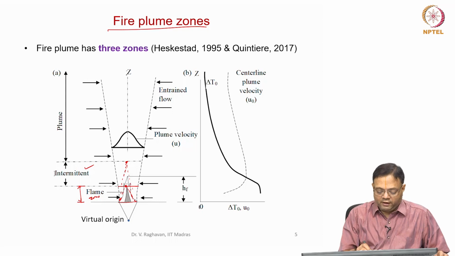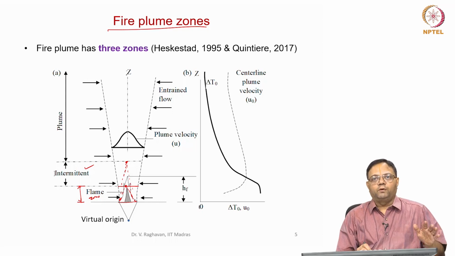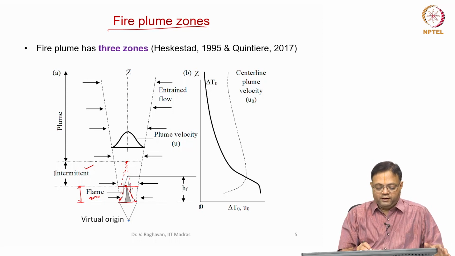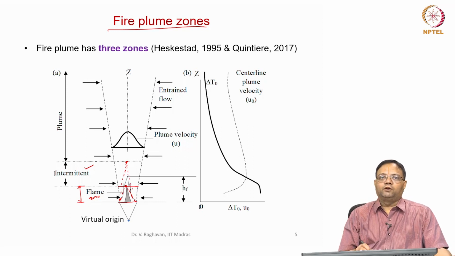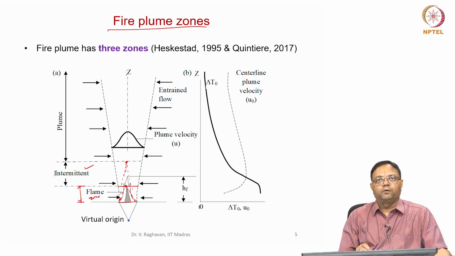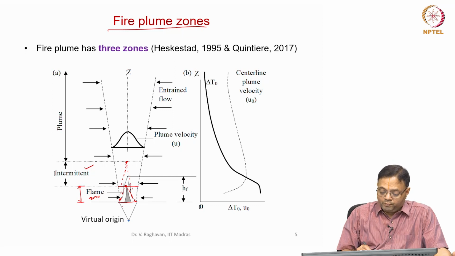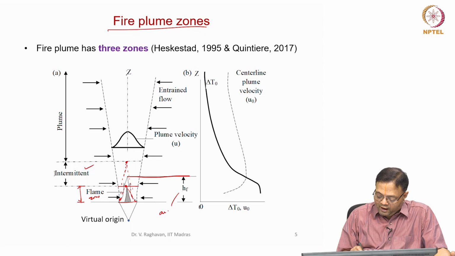That means there is no time instant where the flame is not present in this zone. In the intermittent zone, flame may be present at a particular time instant at a particular location, or it may not be. So, based upon this I get an average flame height. This is the average flame height.